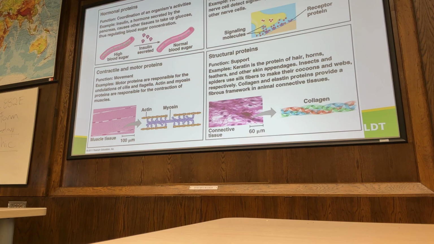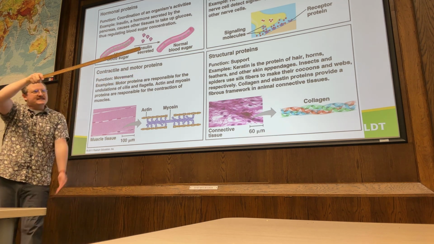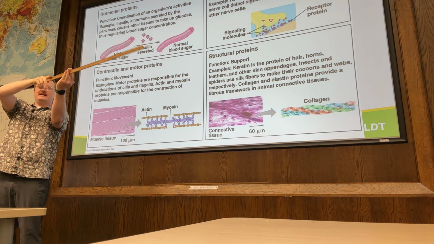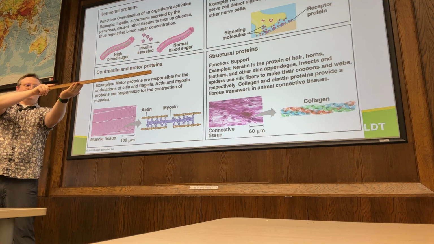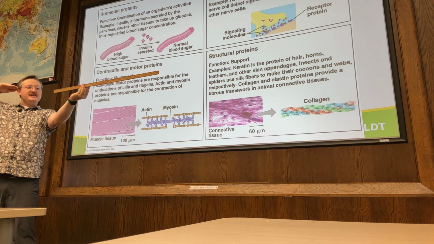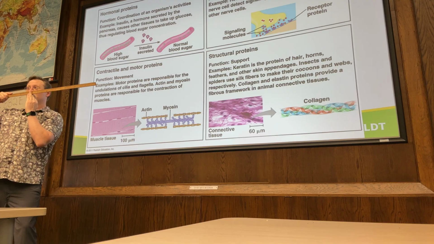All right, motor proteins, they essentially just, here we go. So we've got a fiber, a long protein fiber, and you attach a motor protein to it, all right? Then you blast energy into it, and it makes it move, right?